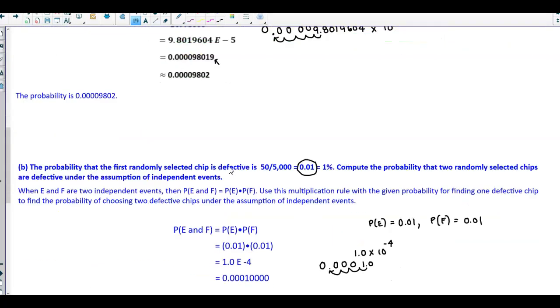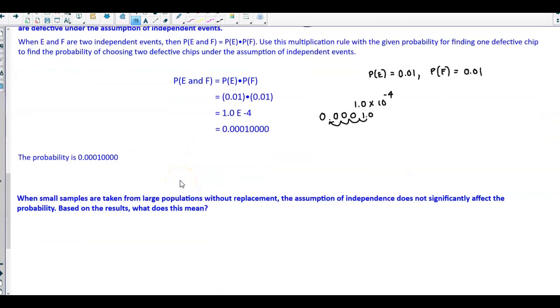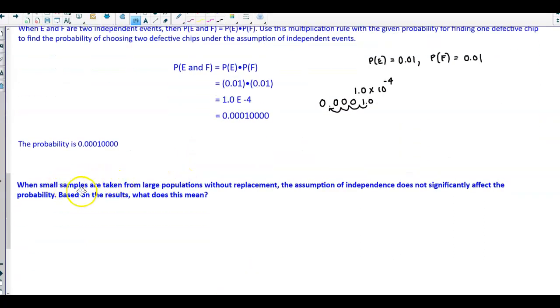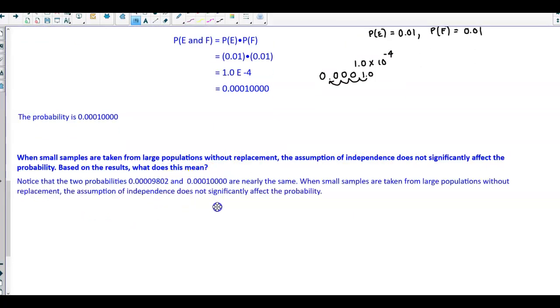The second one, we used the same probability. So this was with replacement. So the question is saying when small samples are taken from large populations without replacement, meaning the first example, the assumption of independence does not significantly affect the probability. Based on the results, what does that mean? Well, let's take a look at the probabilities we got in the first answer.